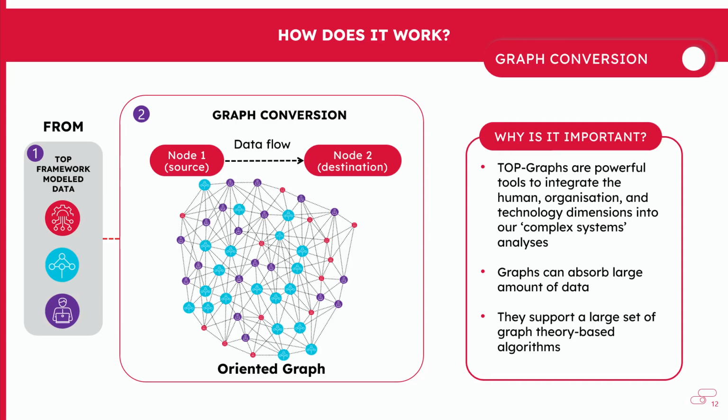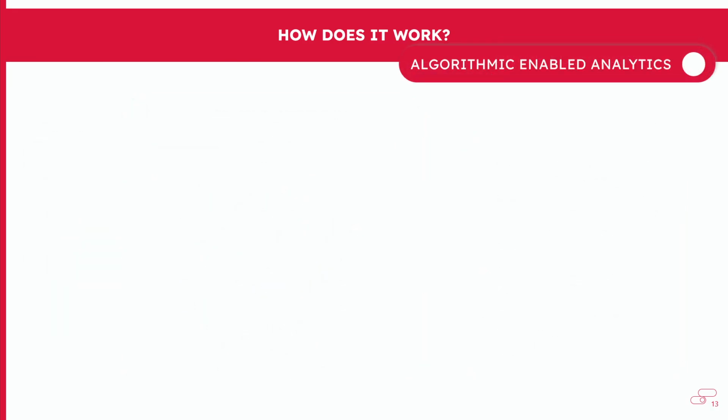An oriented graph implies different well-known algorithms in the graph theory framework. It's really important because this TOP graph is powerful in that we integrate all these dimensions and it remains quite simple. It can absorb large amounts of data, and the large set of algorithms that have been developed are very diverse, such as hierarchical clustering and many others.